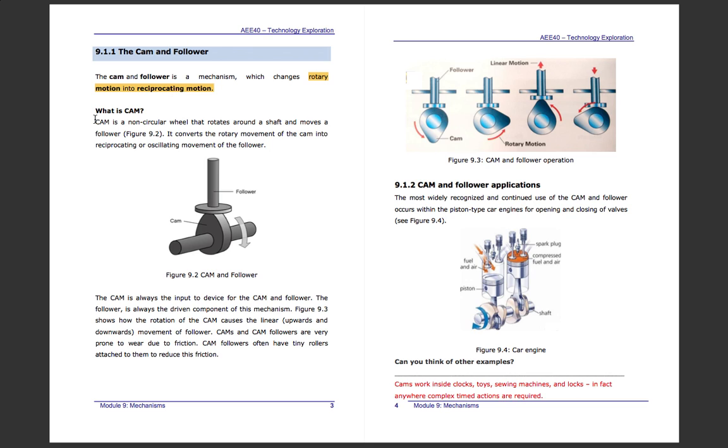So, what is a cam? A cam is a wheel that rotates around a shaft. So, look in this diagram. This is a cam. This will be rotated, and this follower, this is called the follower, will move up and down, or it will reciprocate.